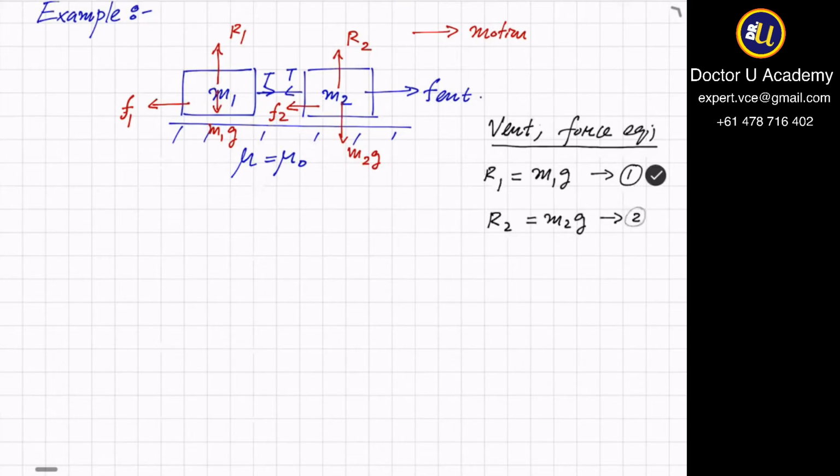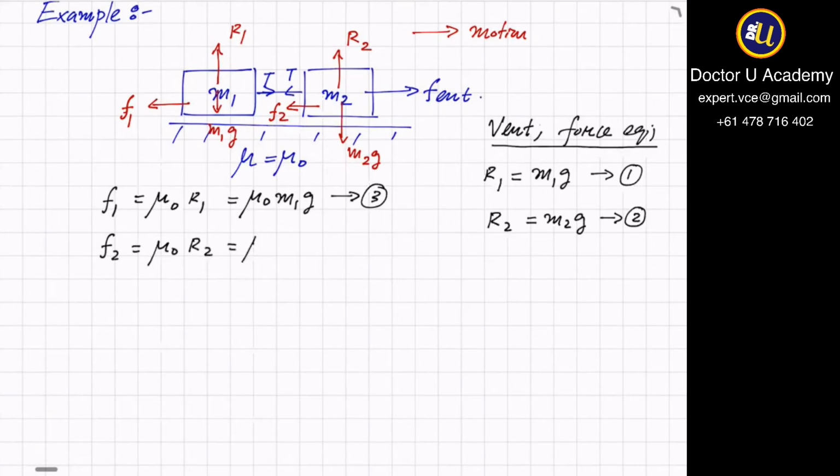Now we have to find F1 and F2, those are the friction forces. The F1 force would be mu 0 times R1, that would be mu 0 m1g. That is my third equation. F2 would be mu 0 times R2, that would be mu 0 m2g, and that is my fourth equation.